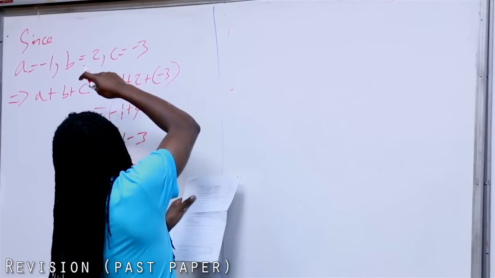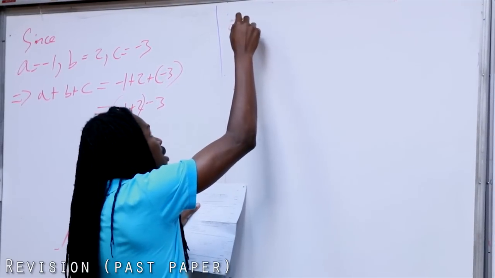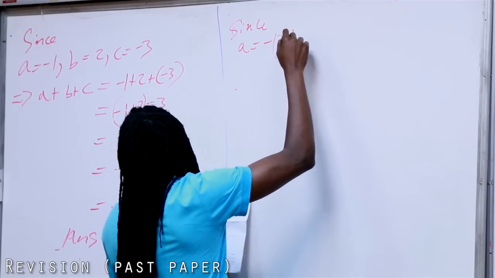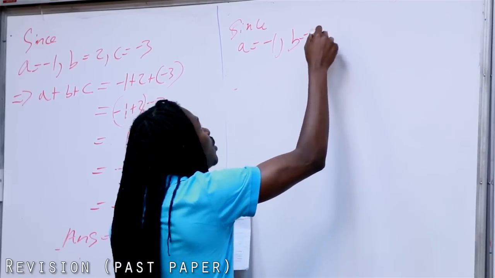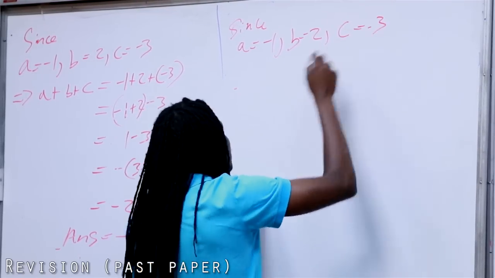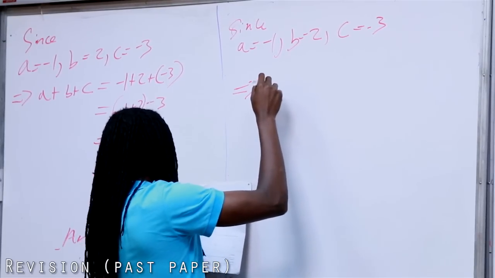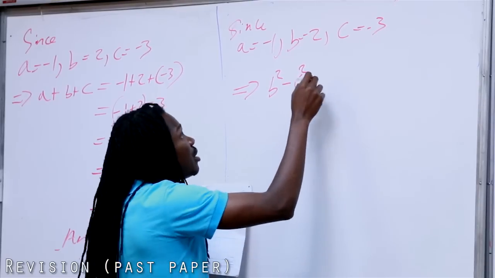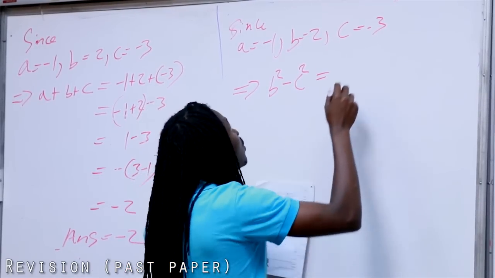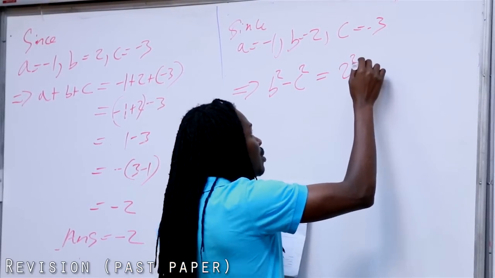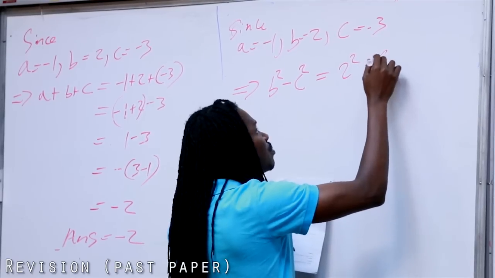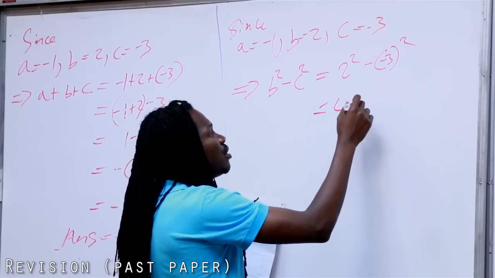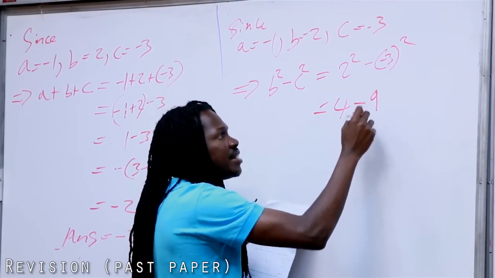Come again. Since A equals minus 1, B equals 2, C equals minus 3, it implies that B square minus C square is equal to 2 square minus 3 square, equal to 4 minus 9.